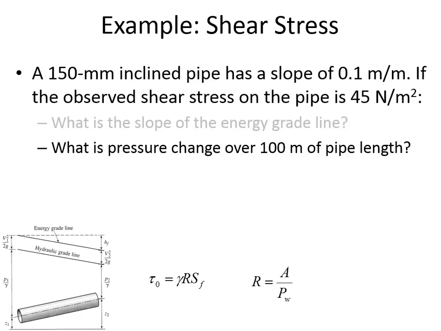But there's something we need to prove to ourselves, and that is, how does the energy grade line slope vary on the basis of horizontal length versus pipe length? Because obviously the length of this pipe is going to be more than just the horizontal component of its length, especially for a steeply inclined pipe like this.